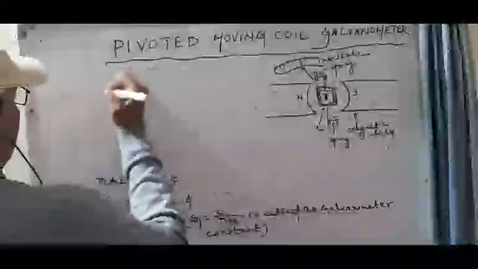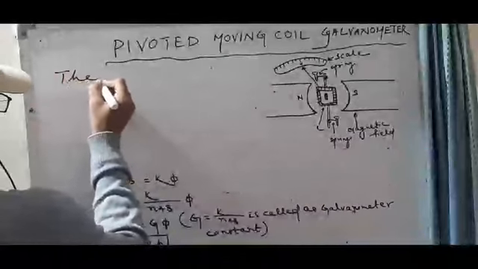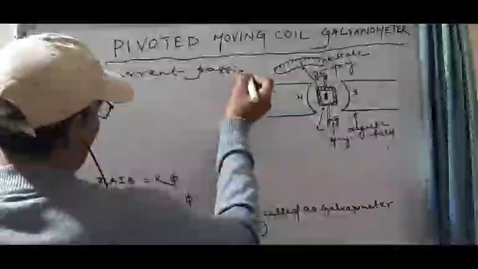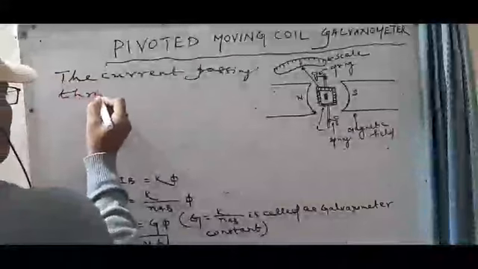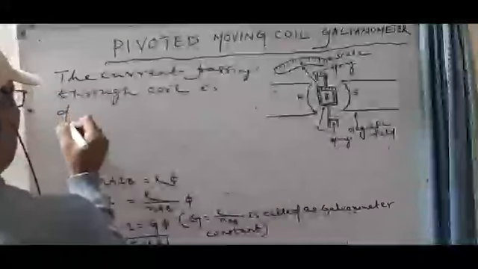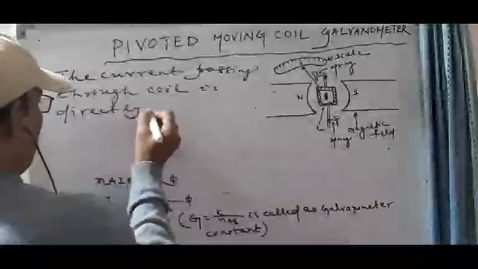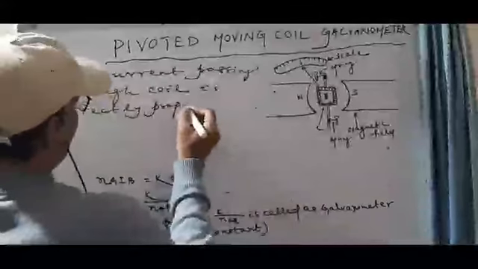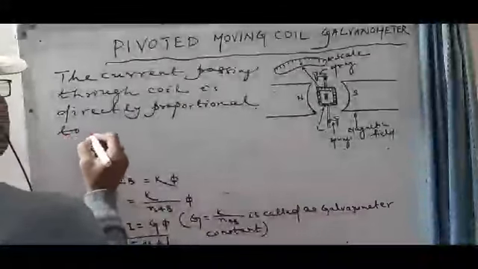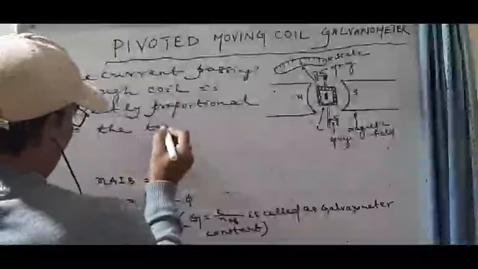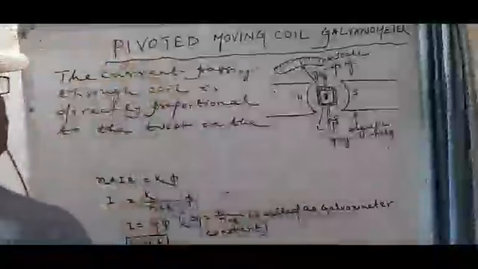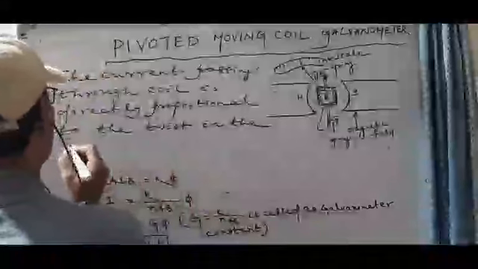This statement means that the current passing through the coil is directly proportional to the twist in the spring.